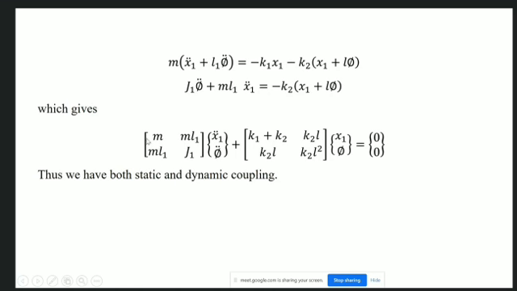That means both are having off diagonal terms, and we can say that this kind of a differential equation is having both static and dynamic coupling, and that is the most generalized situation. Okay, so in a most general situation, we will have this kind of a form.